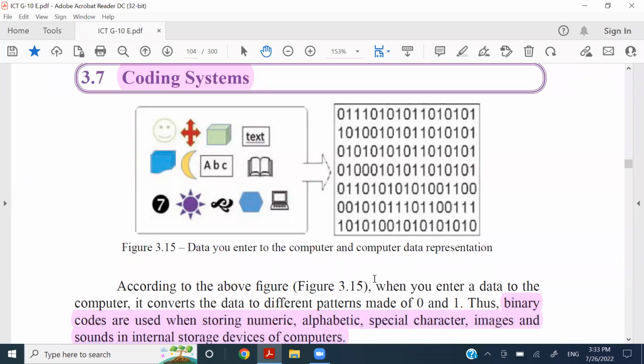And you can write this highlighted part. Binary codes are used when storing numeric, alphabetic, special character images, and sounds in internal storage device of a computer.